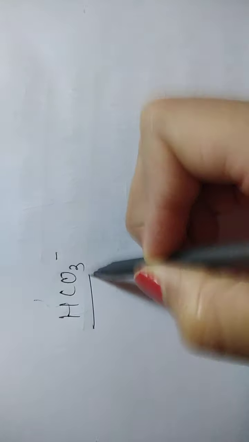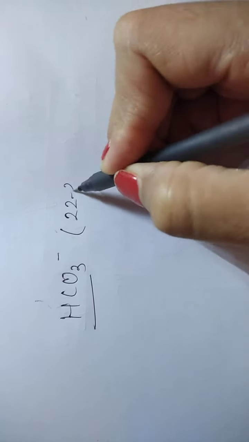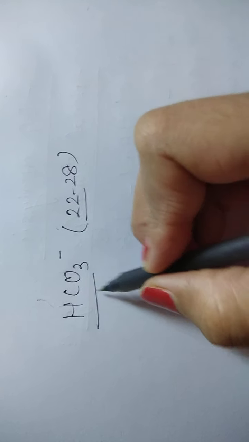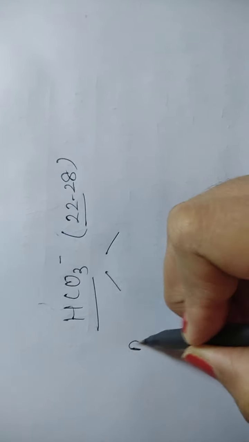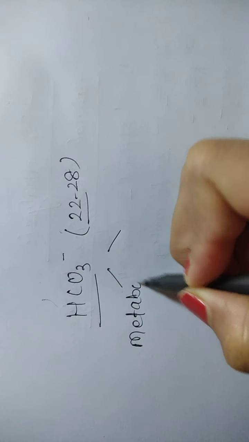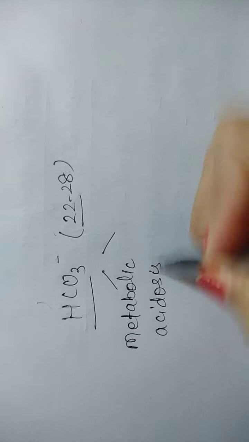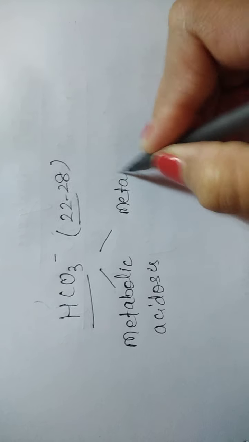Now, we will see the fourth parameter, that is bicarbonate ion. Normal value is 22 to 28. Bicarbonate ion helps in metabolism. That's why, from these changes, we will identify whether the person is having metabolic acidosis or metabolic alkalosis.